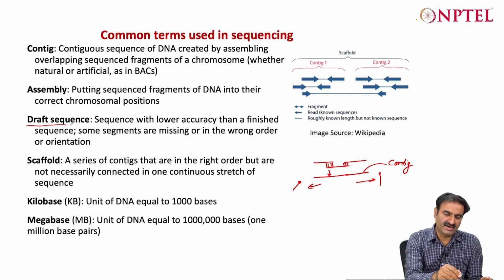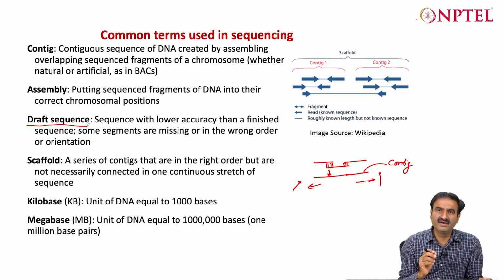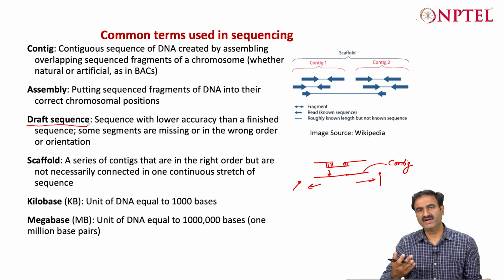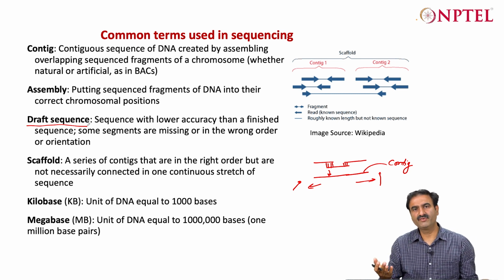and that will constitute a draft sequence and not the complete sequence where the identity of each and every base pair is known. Even for the human genome, it started in 1995 but finished in 2022, so it took more than 23 years to complete.